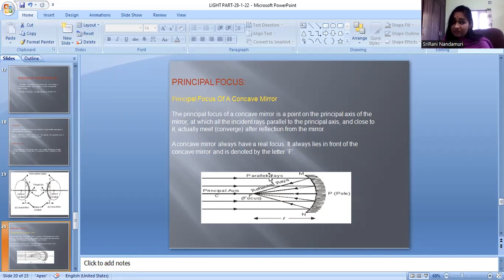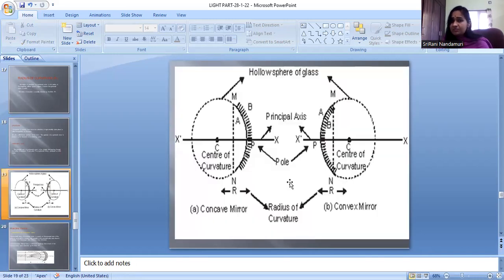In the convex mirror, you can see diverging of rays. Here all the rays from the point diverge. For example, this is the convex mirror. All the light rays form an image behind the mirror.